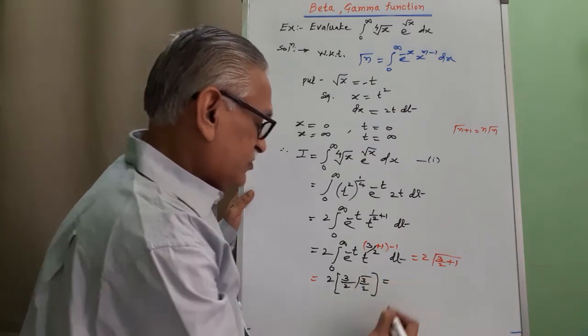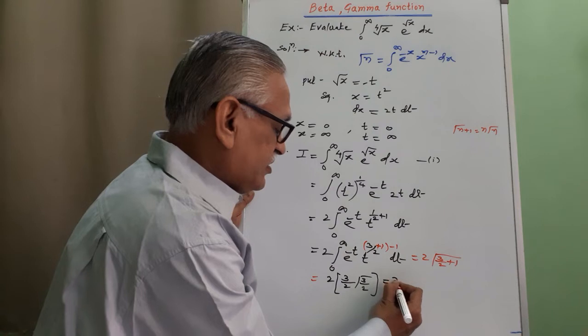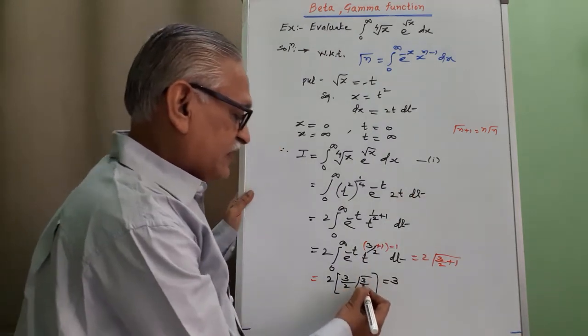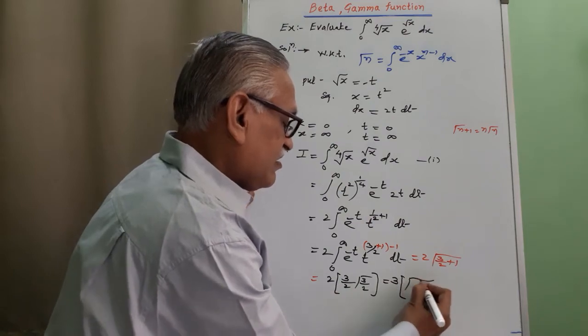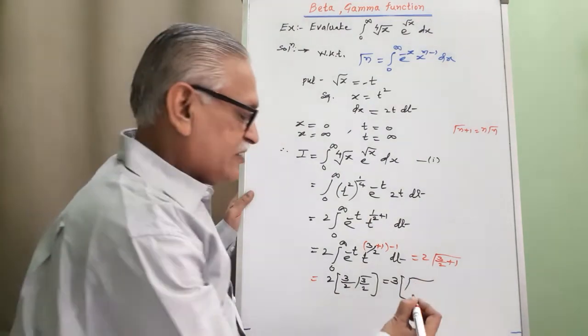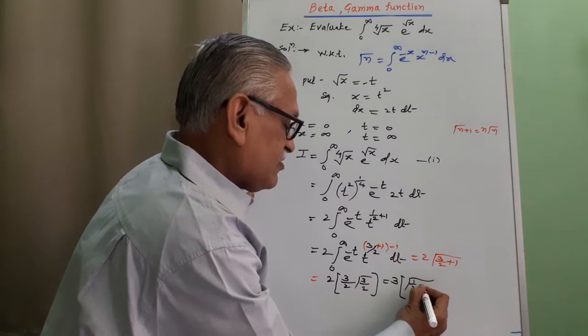The 2 gets cancelled, we get 3 times, gamma 3 by 2 we can write in the form of n plus 1, therefore it is 1 by 2 plus 1.